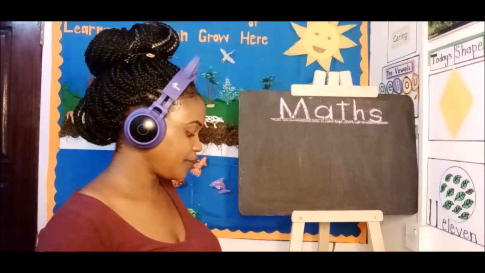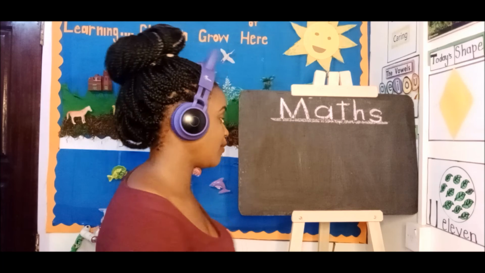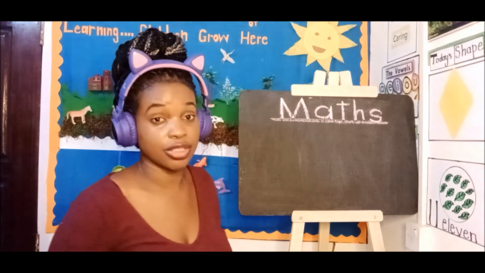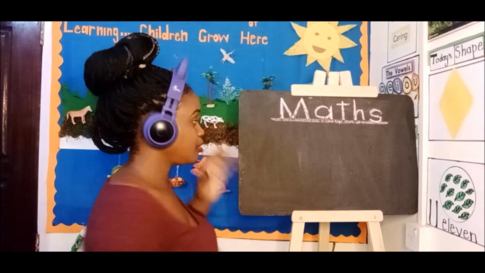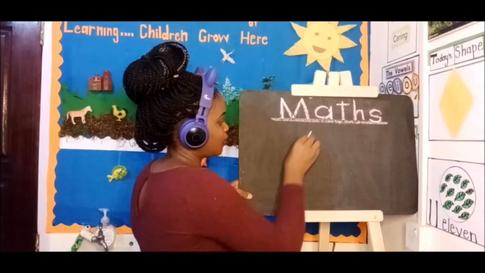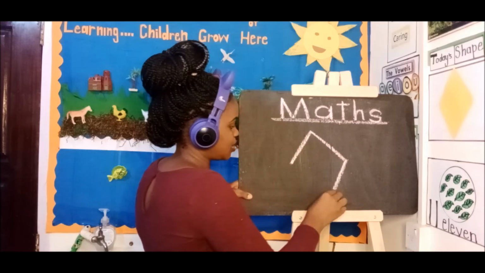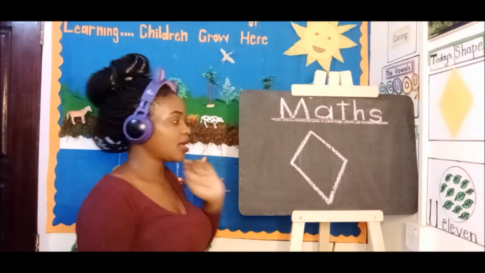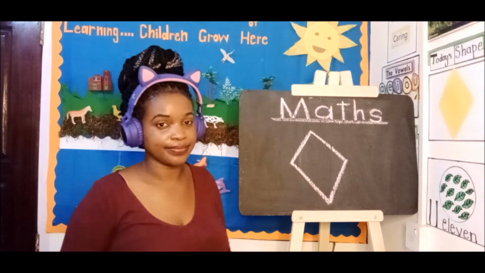Okay, now those of you who do not have the worksheet, those of you who are watching, and maybe you do not have the worksheet, what you can do with your child, you can draw the diamond. You can draw the diamond, one side, two sides, three sides, and four sides. And you know what you can do? You can have your child color the diamond.